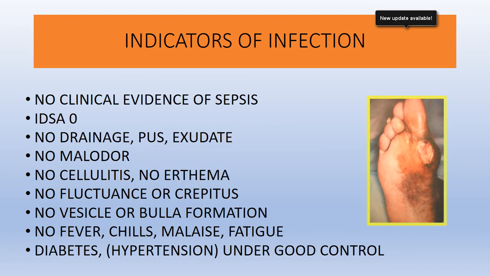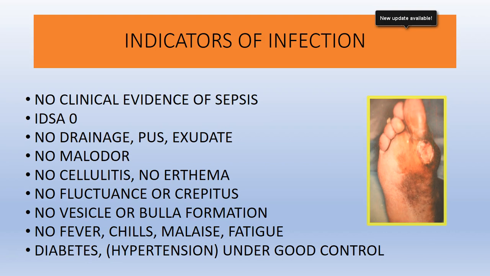Now, in addition to that, I go out of my way to also personally document the absence of indicators of infection, so that if I have a non-infected ulceration, I will document that they are IDSA, no clinical infection. I will document that there is no clinical evidence of sepsis.